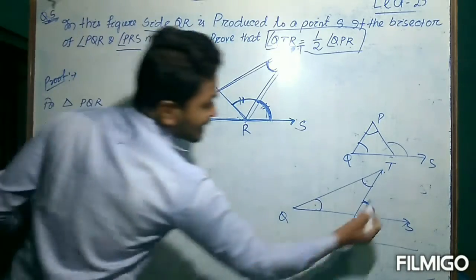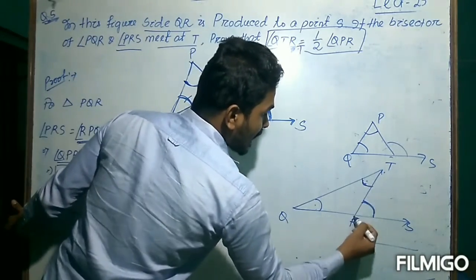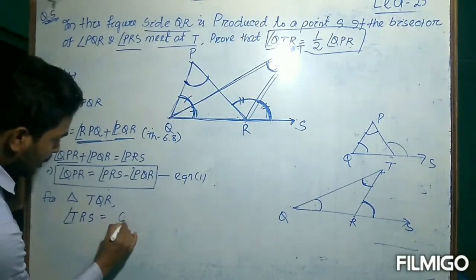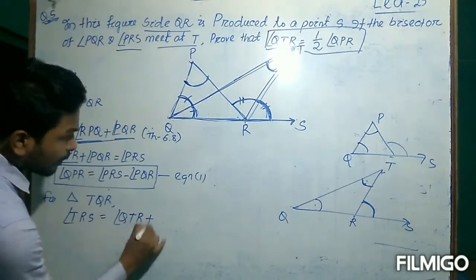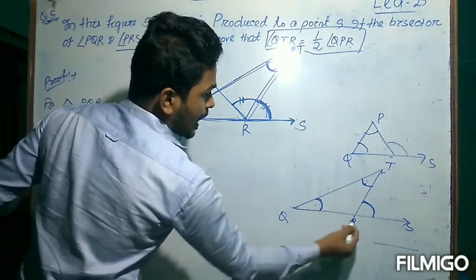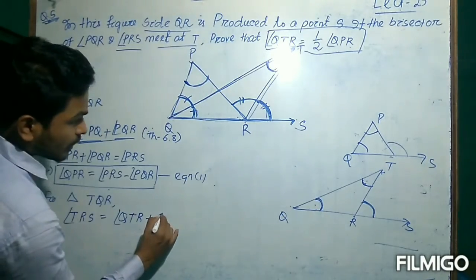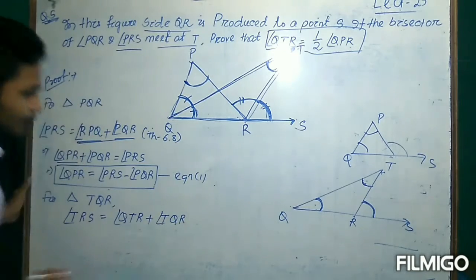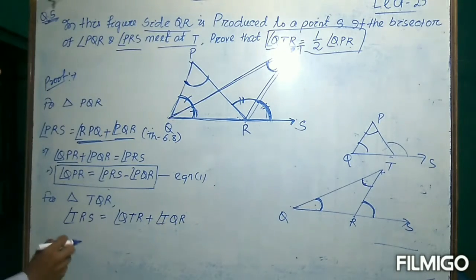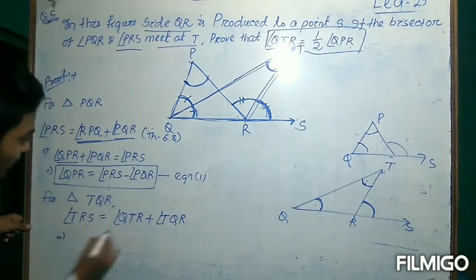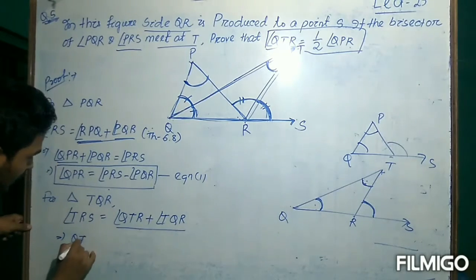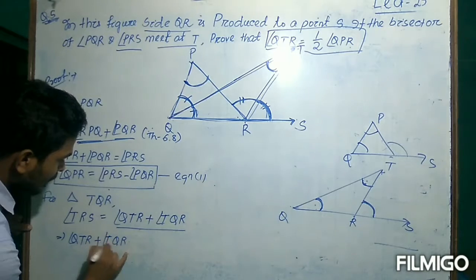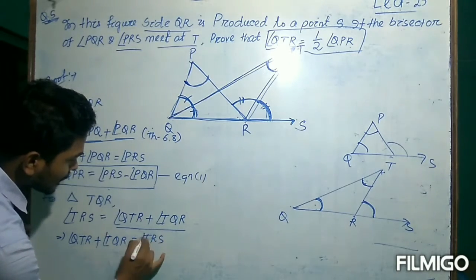So TRS is equal to this angle, RTQ, or you can write QTR, plus this angle RQT, or TQR. Next, we can write this term first: QTR plus TQR is equal to TRS.